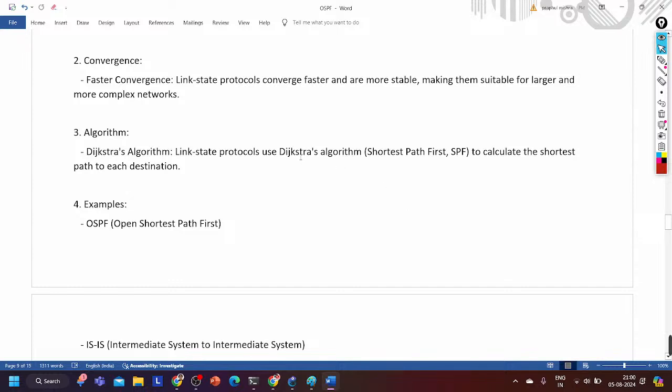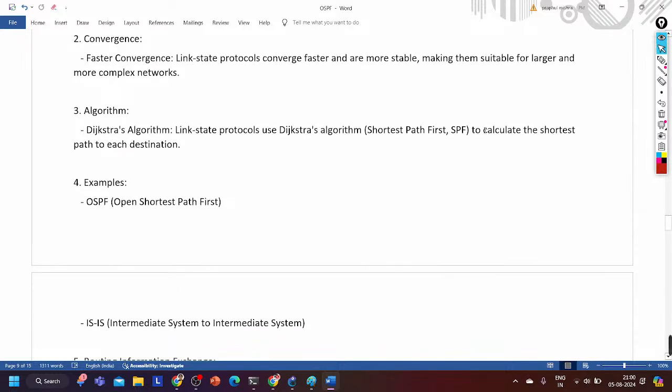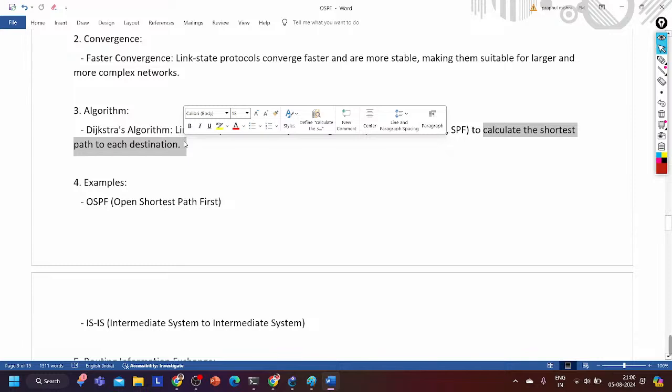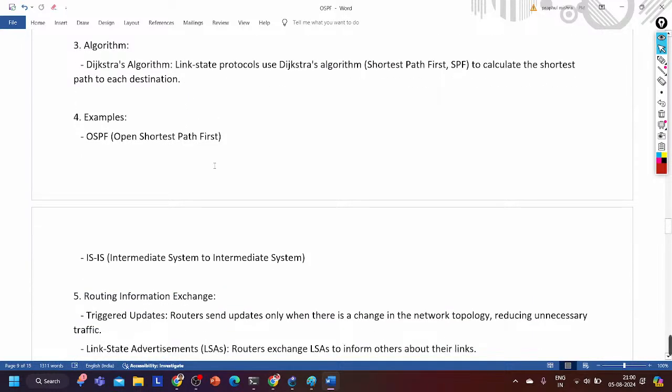Dijkstra algorithm uses link properties to calculate the best path, to calculate the shortest path to each destination. Examples of link state routing protocols are OSPF and ISIS, right? ISIS is a very advanced routing protocol.